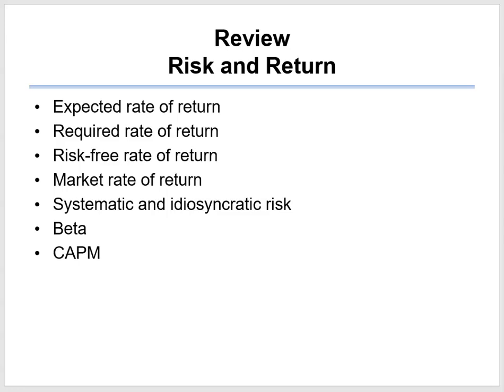Now, in terms of risk, securities have two types of risk. One is systematic risk. That's the risk that's shared by all firms. So if there is a pandemic, all businesses are affected by that risk. If the country goes into a recession, that's systematic risk.